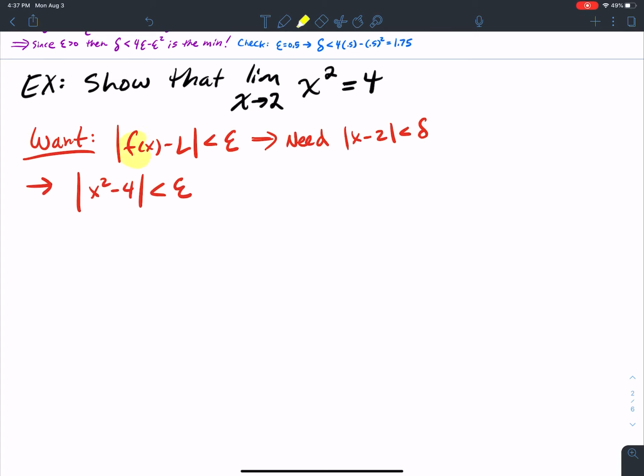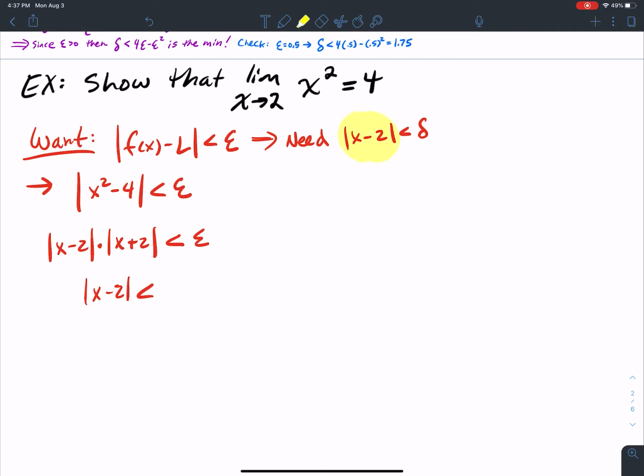All right, so I replace f of x with x squared. I replace L with 4. And what I'm going to do is work with this to try to get a delta. The first thing I see I can do is factor, so I'm going to factor inside here. And look, guys, what am I trying to get by itself?